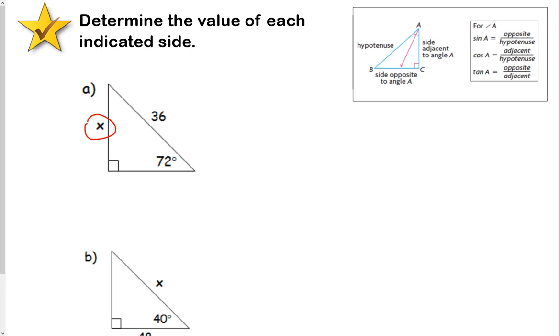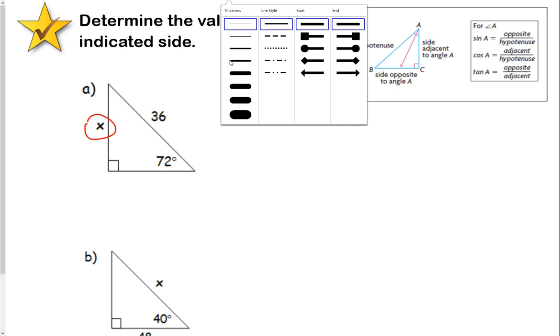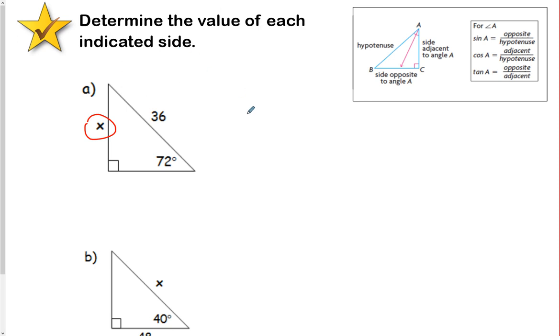So the very first thing I'm going to do is I'm going to remind myself that I need to use SOHCAHTOA and figure out which of these trigonometry ratios I'm going to use. Am I going to be dealing with the opposite and hypotenuse sides, the adjacent and hypotenuse sides, or the opposite and adjacent sides?